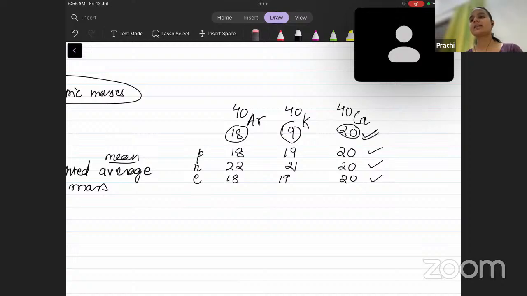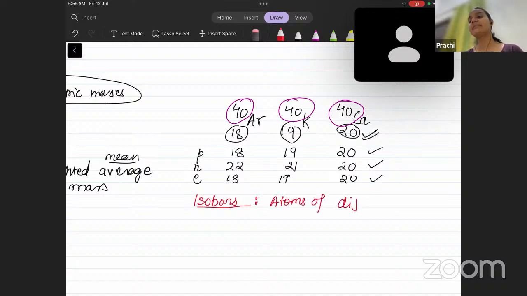Now let's come to the atomic number. These are also not the same. But what I can see here is that they have the same mass number. So how will I write the definition for isobars? Isobars are the atoms of different elements. This particular statement is very important.